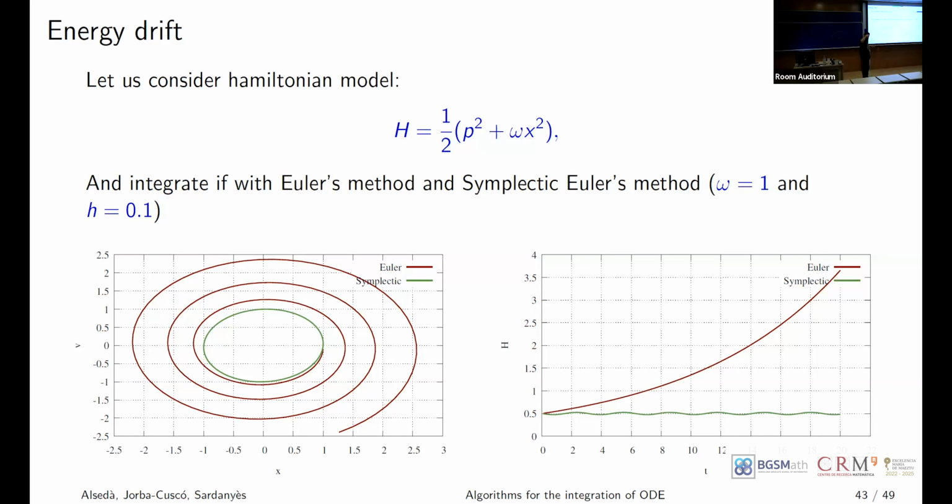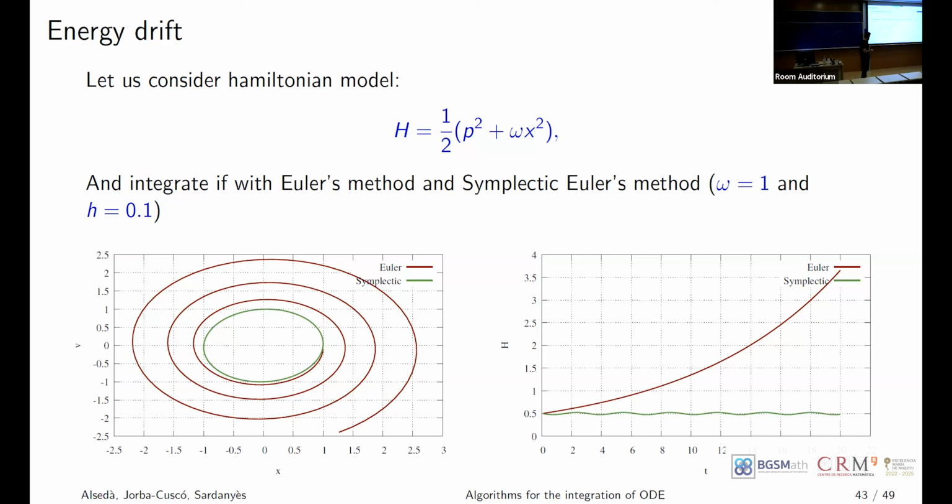People are scared about this because all the methods tend to gain energy or lose it depending on the method. And this is the reason why there are symplectic methods, which are methods built specifically to preserve energy.